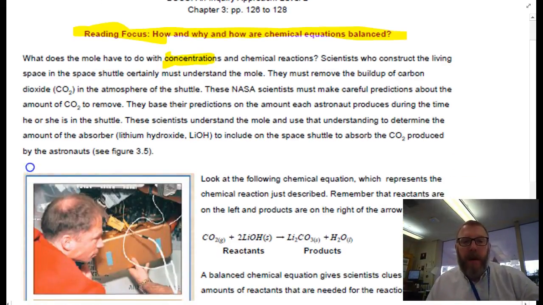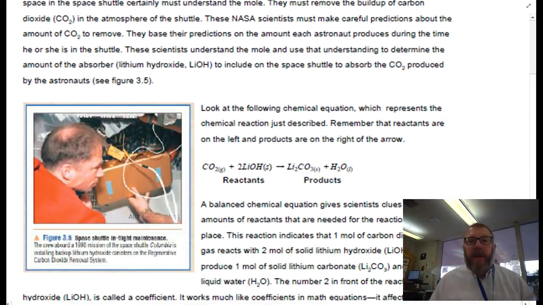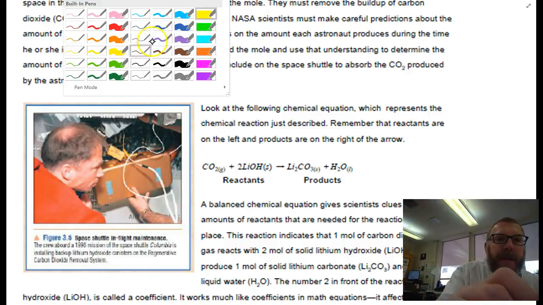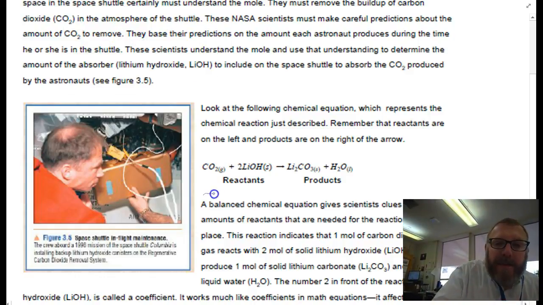All right, moving on. Look at the following chemical equation, which represents the chemical reaction just described. Remember, the reactants are on the left and products are on the right of the arrow. The reactants are the things that go into the chemical reaction, the chemical compounds that go in.